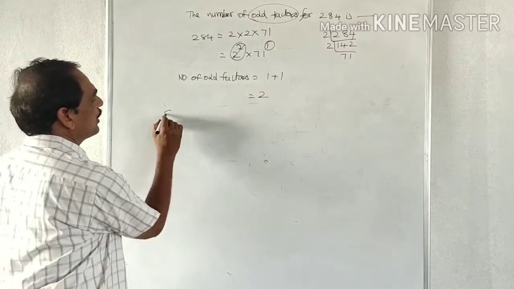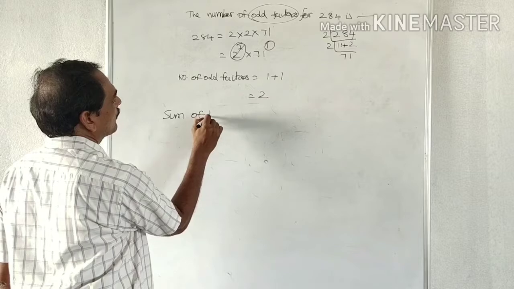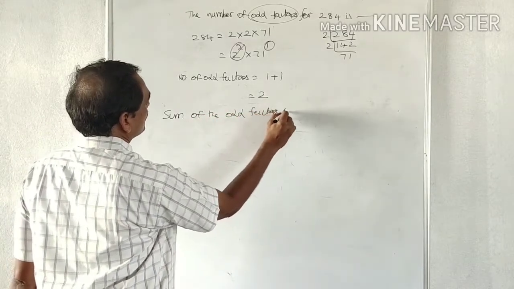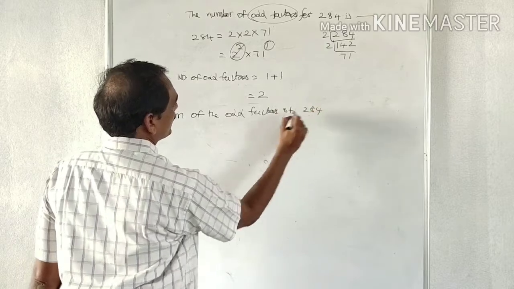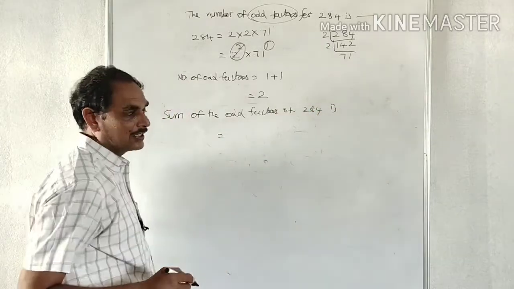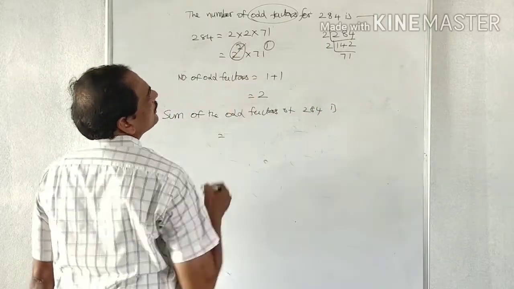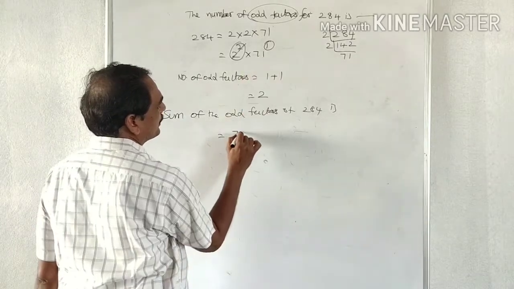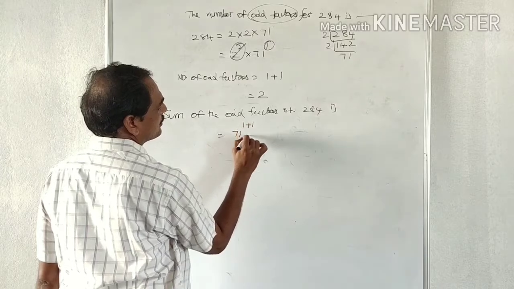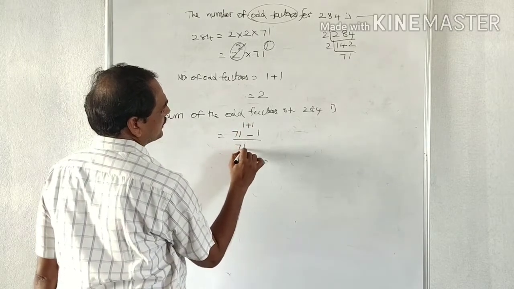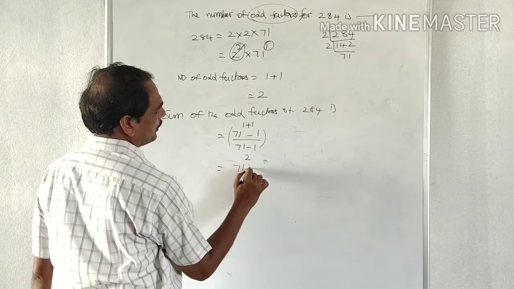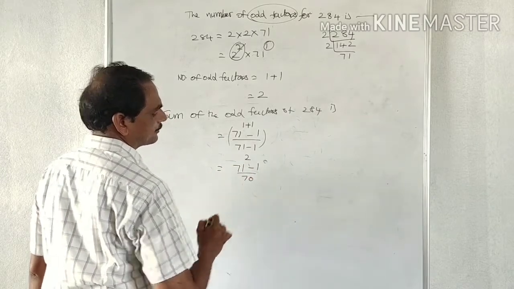Suppose the sum of the odd factors of 284 is equal to, here also leaving base 2, the remaining number is 71: 71 power 1 plus 1 minus 1 by 71 minus 1, which is 71 power 2 minus 1 by 70.